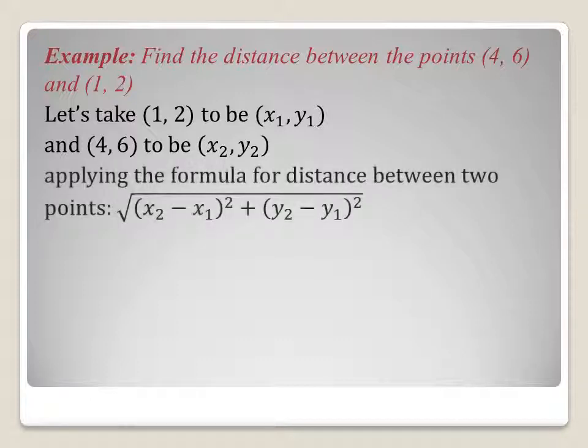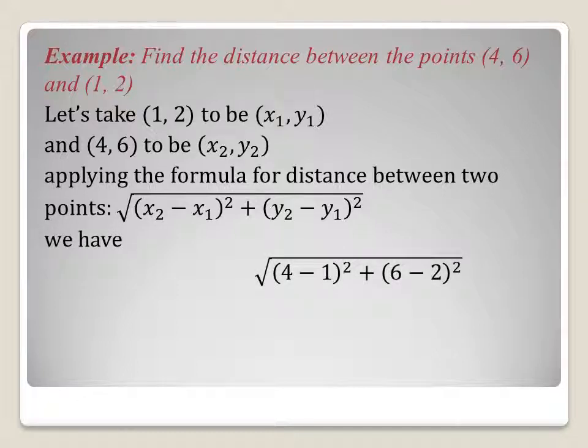Then applying the formula for the distance between 2 points, we have the square root of (4 minus 1) all squared plus (6 minus 2) all squared. This simplifies to the square root of 25, and we have 5. The distance between the 2 points, therefore, is 5 units.